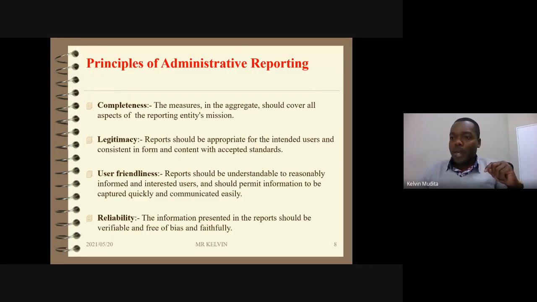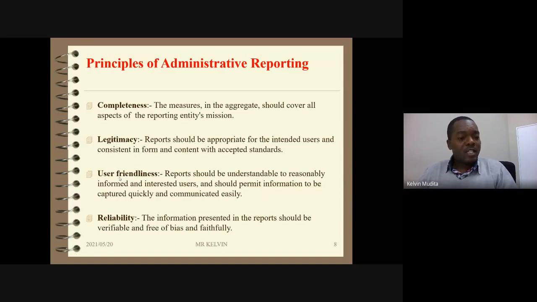Then by user-friendliness, we mean that a report should communicate easily, without using too much technical jargon, to the intended recipient.